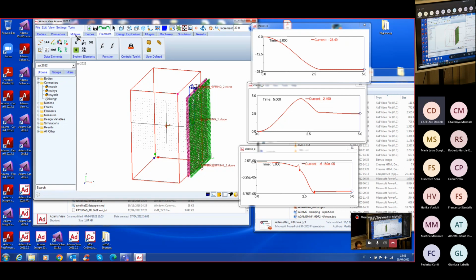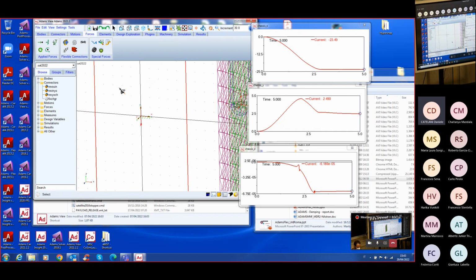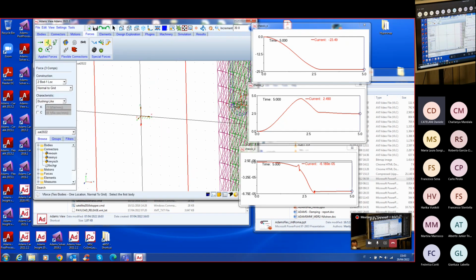So I go to forces. I go to vector forces because we need to control the X, Y, and Z directions of the satellite. So we need to apply three forces, X, Y, Z. This is a vector force. The vector force is not normal to grid, but will be defined using the pick feature.